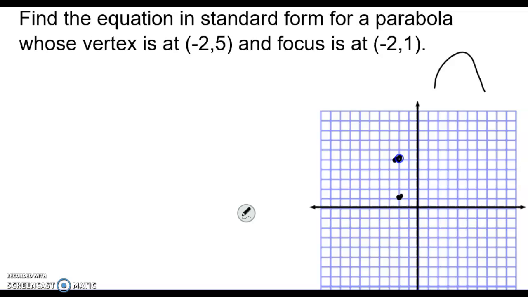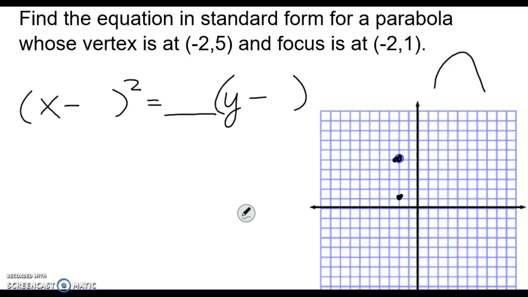If it's opening down, I know it's going to be an x squared thing. Equals 4p times y minus something. Because since it's in parentheses, it always starts with the minus. Okay, so it went down 1, 2, 3, 4. So my p is negative 4.